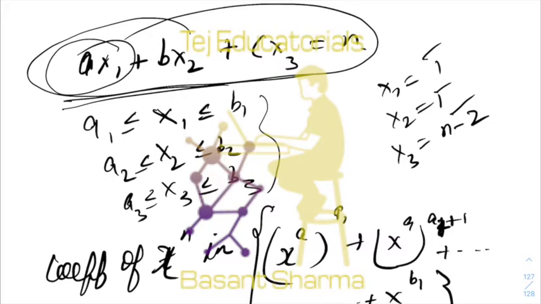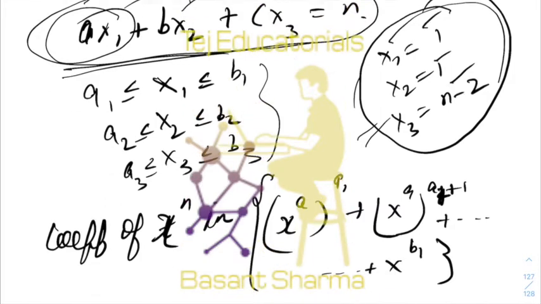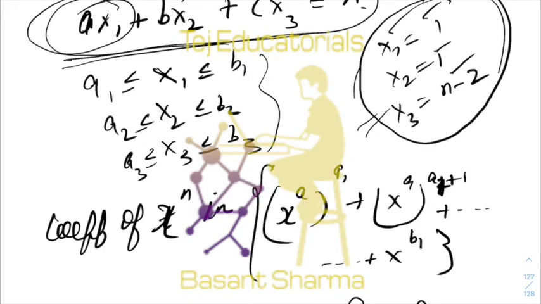What I'm saying is, suppose this is one solution. You can modify A, B, and C according to this solution. That is a different thing. To get this as a solution, I will modify A, B, and C accordingly. In general, you may not have that, but just for explanation sake, I am doing this. Now, suppose x1 is 1, x2 is 1, x3 is n minus 2.